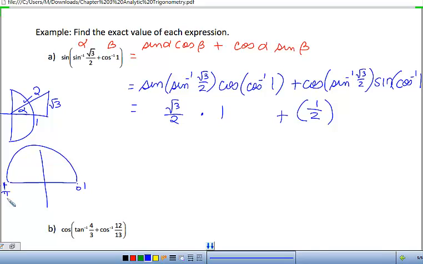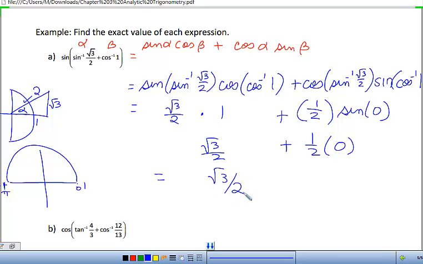And so where do we get a value of 1? It's right here at 0. So we get sine of 0, and of course we know sine of 0 is just 0. And so our final answer is just root 3 over 2.